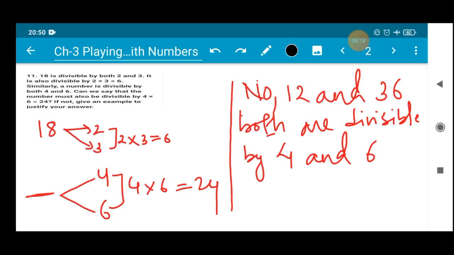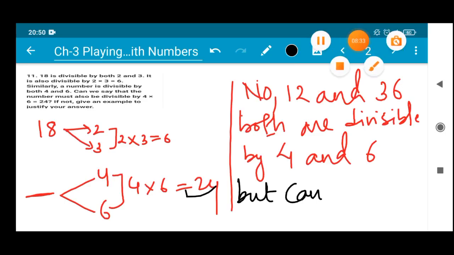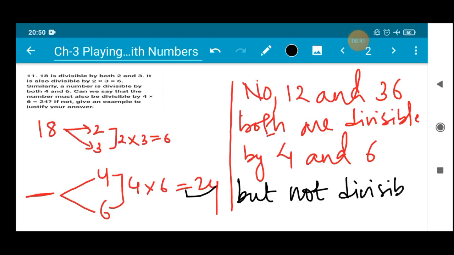But can 24 divide 12? No. So 12 and 36 are not divisible by 24.